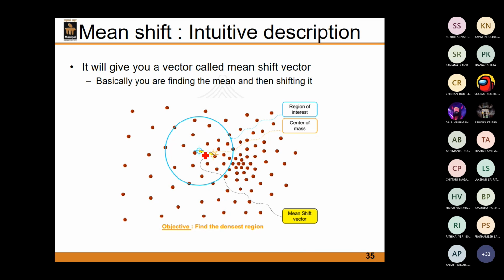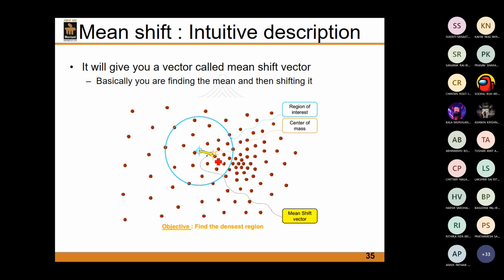We move the whole circular region of interest so that its center coincides with the estimated center of mass. Now you will have a new circular region of interest with its center at the center of mass of the previous case.